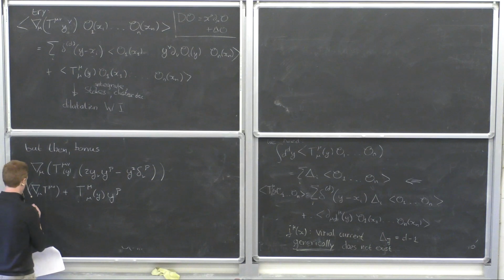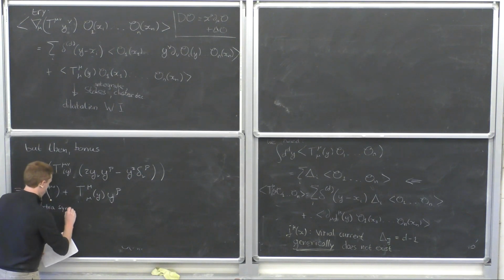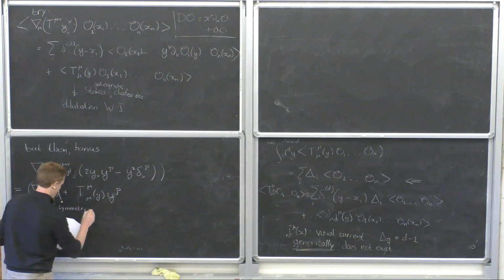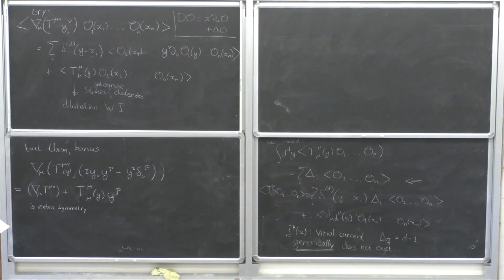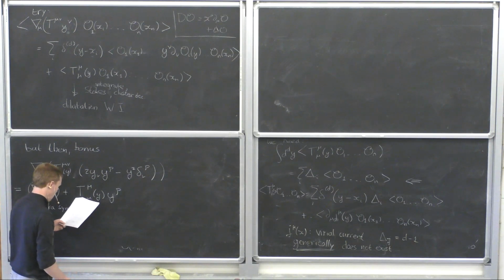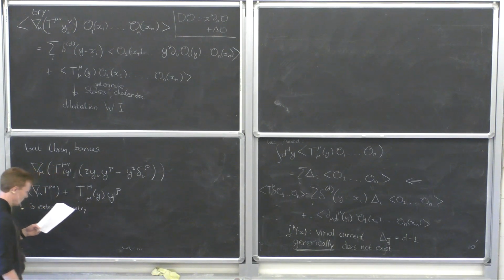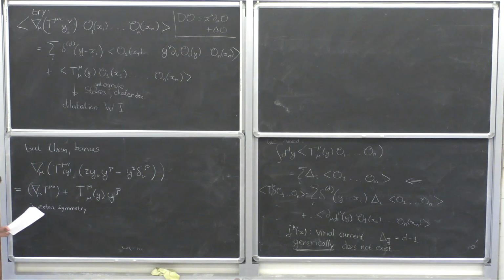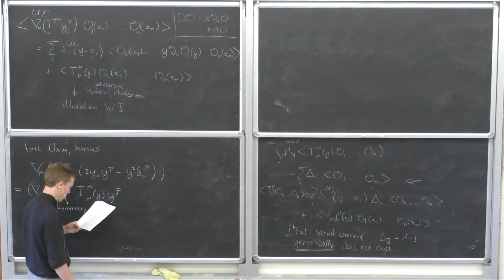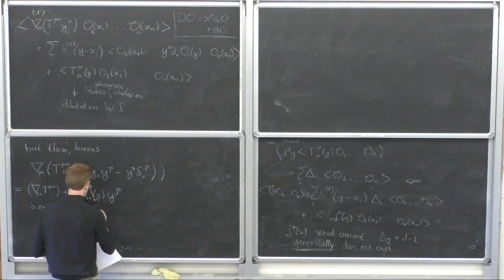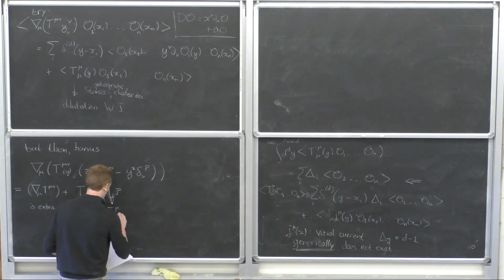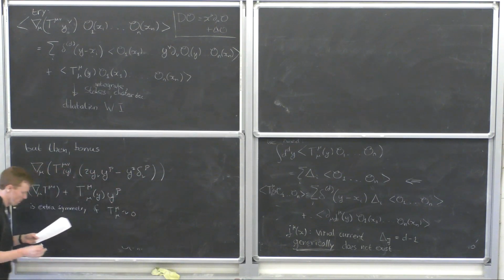So this is an extra symmetry, if T mu mu is 0 away from contact points.